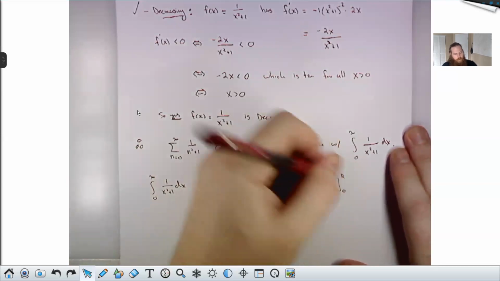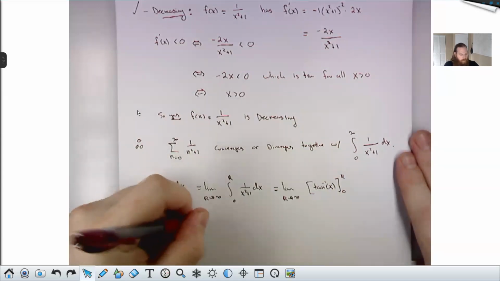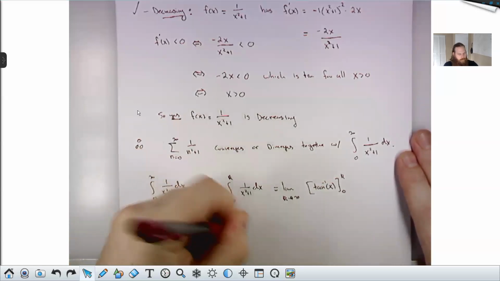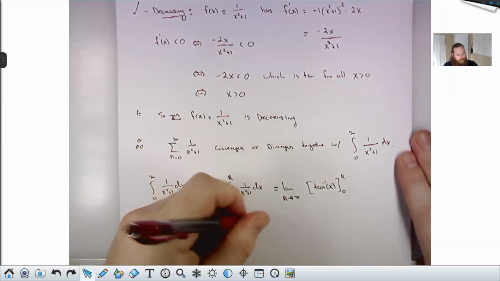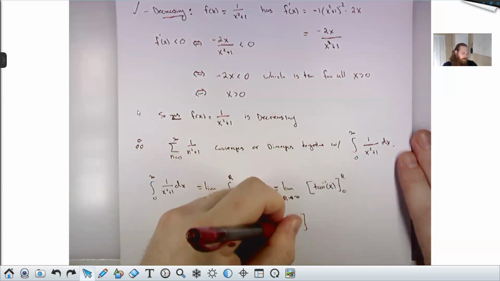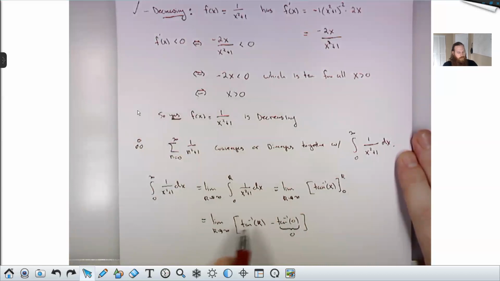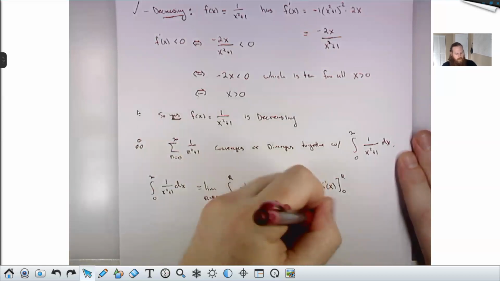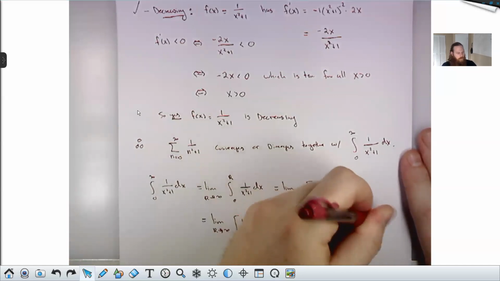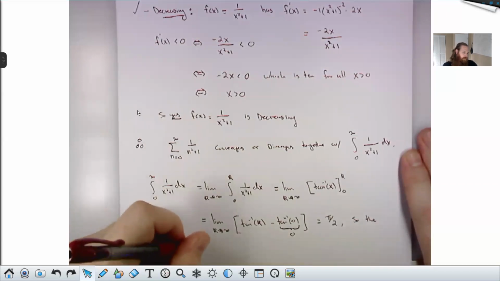So we have that evaluated from 0 to r, which is the limit as r goes to infinity of inverse tangent of r minus the inverse tangent of 0. Inverse tangent of 0 is 0. And as r goes to infinity, the inverse tangent of r goes to pi over 2. So the integral converges.